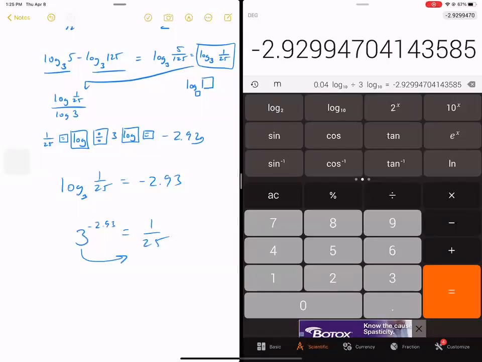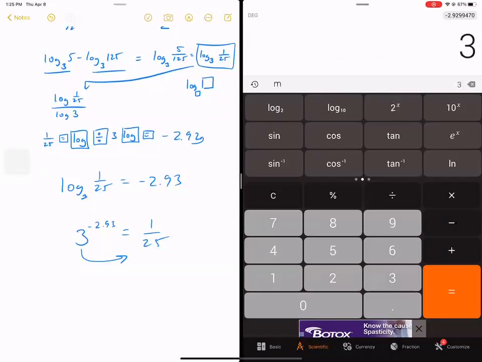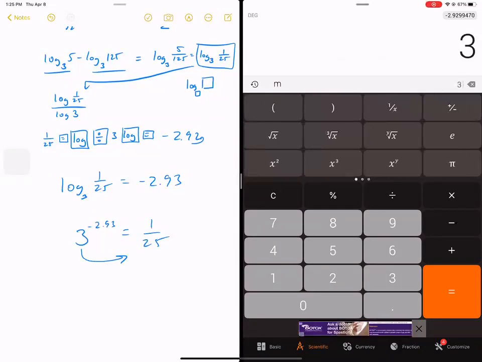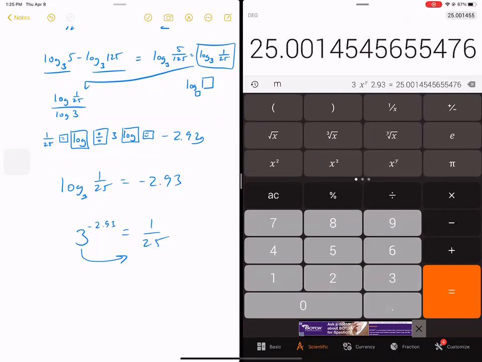So 3 to the exponent, where's my exponent here? xy 2.93. That's going to give us really close to 25. And since it's a negative exponent, it's going to put it on the denominator. So sometimes we want to, again, rewrite these logs so it's 1 log so I can write this on my calculator.